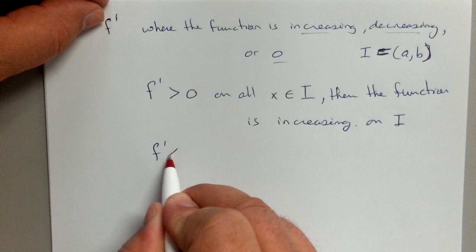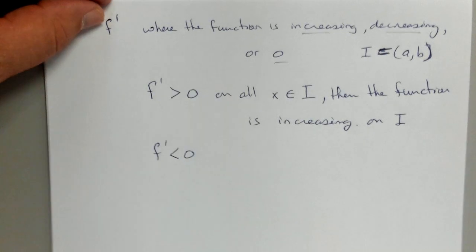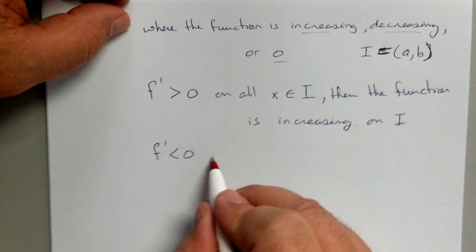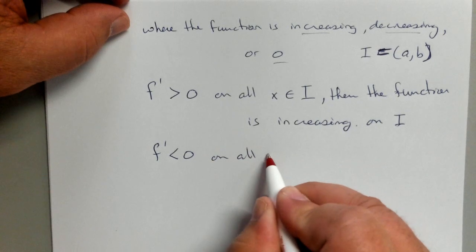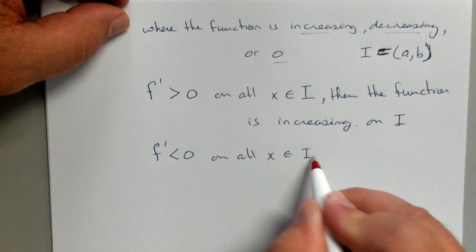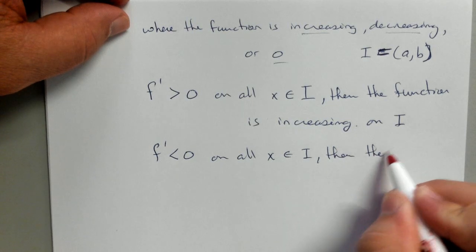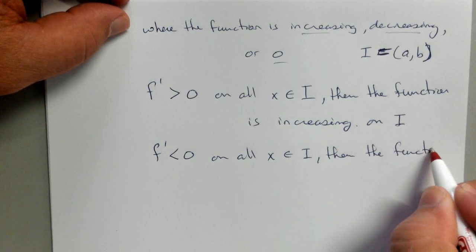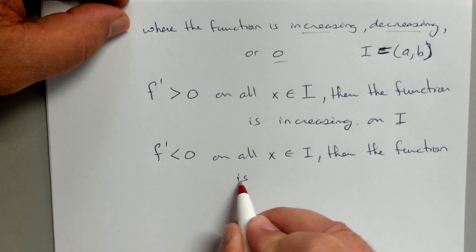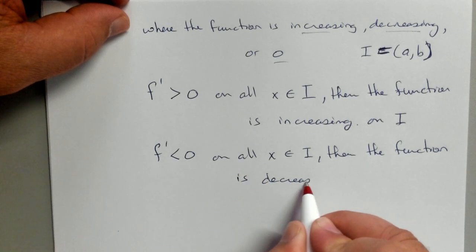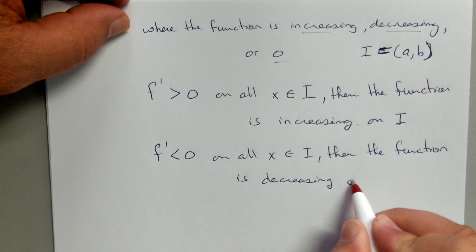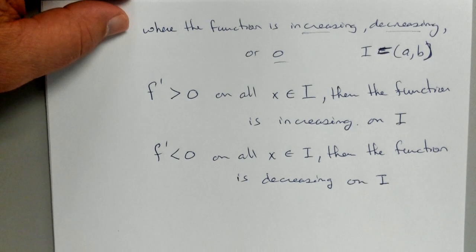If the first derivative is negative on all x's in that interval, then the function is decreasing on that interval.